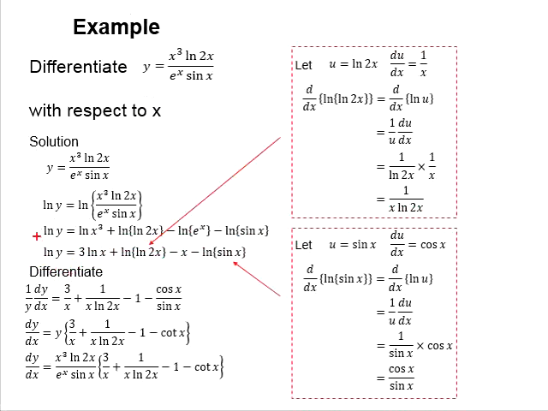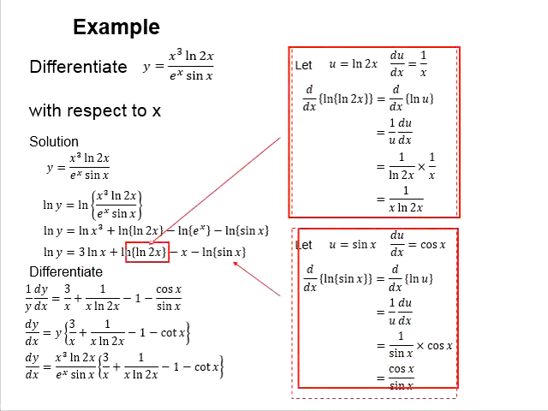You are supposed to differentiate the entire expression here. However, it is noticed that there is a function within the log function and another function within another log function. With that, you have to do the differentiation for the two functions separately.